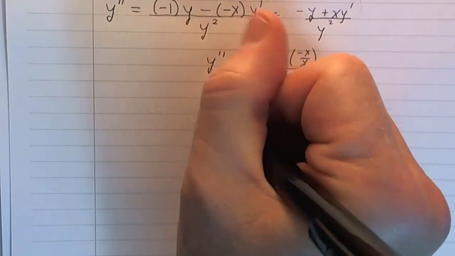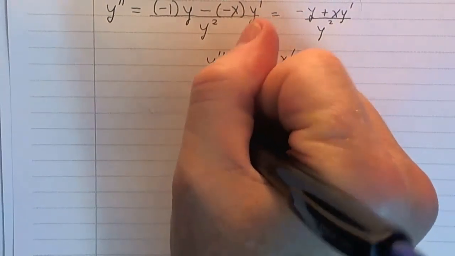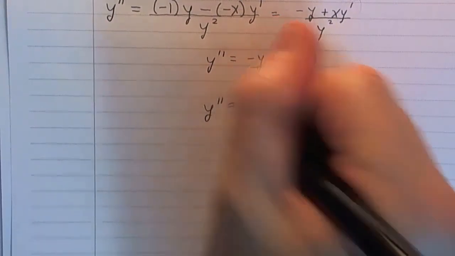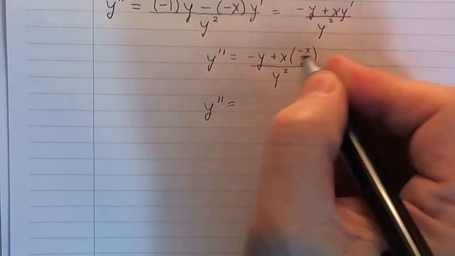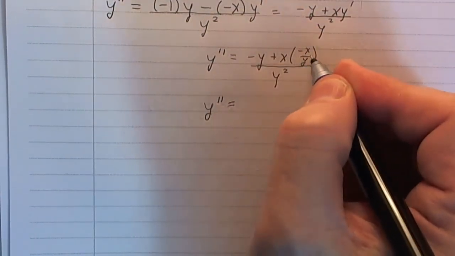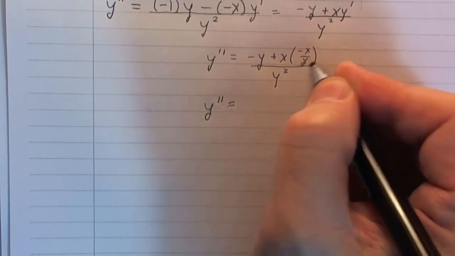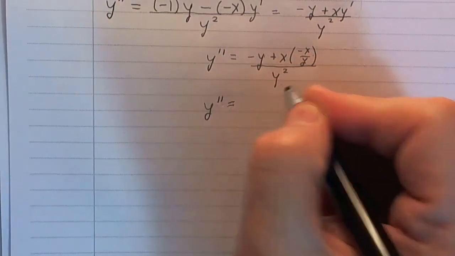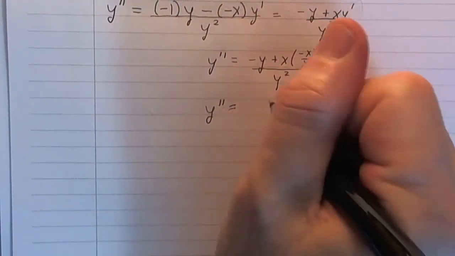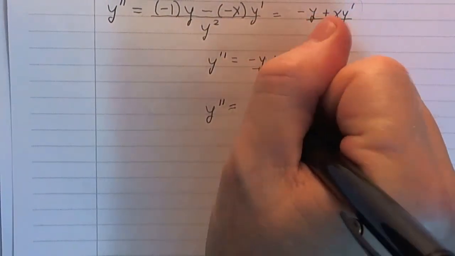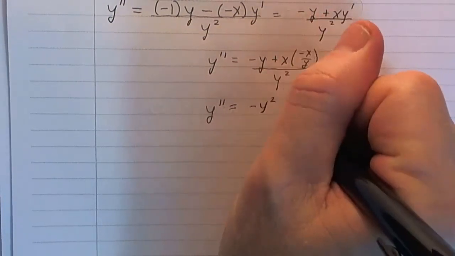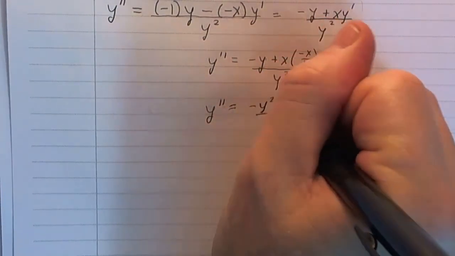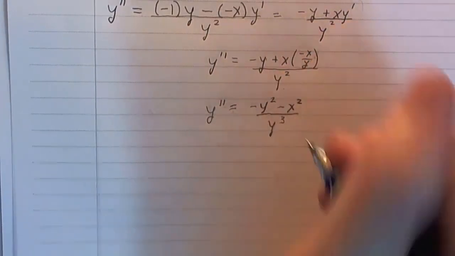And now, let's see what we've got here. We've got y double prime equals, now I don't like this fraction within a fraction up here, so I'm going to clear out this y by multiplying through by y, here, here, and here. So what I get is negative y squared minus x squared, because the y's cancel, and down here, y cubed.